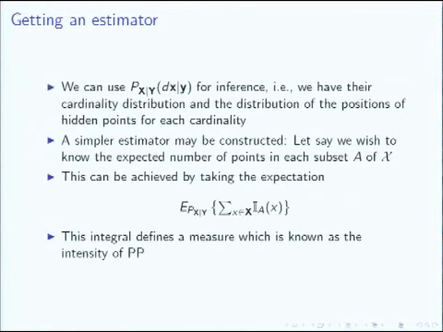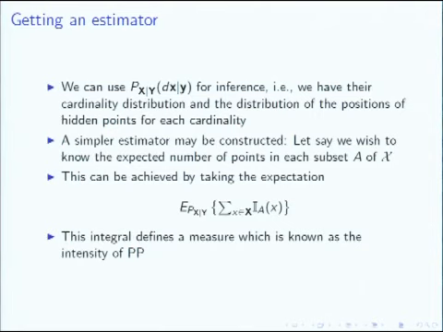Okay, so we're almost there, almost in terms of how I use this for sequential inference. I just need to say one more thing. I mentioned before that we're not going to propagate the whole posterior distribution, but just its first moment.